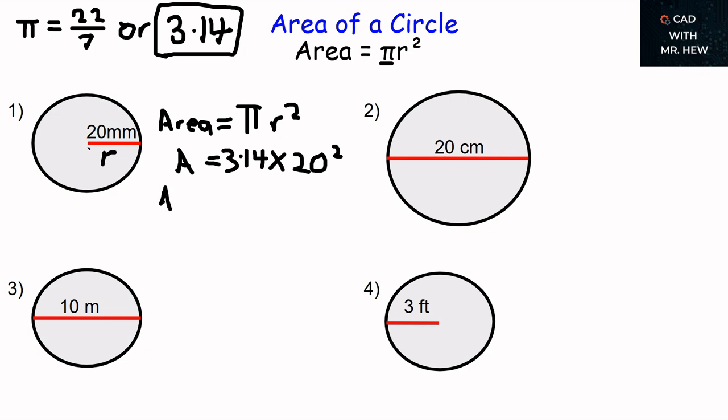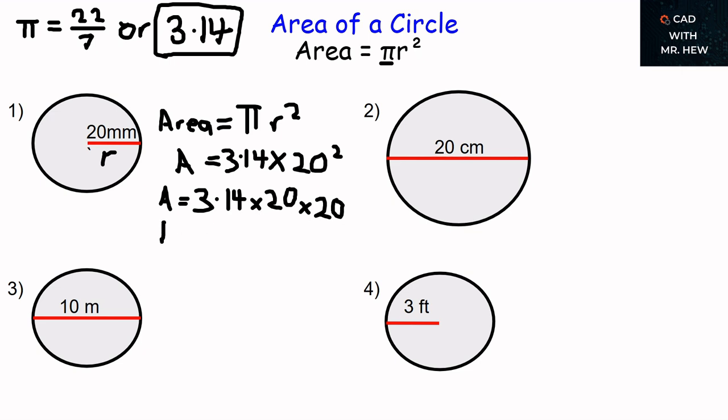A, which is the area, is equal to 3.14 times, so the square means you're going to multiply this number by itself. So it would be 20 times 20.